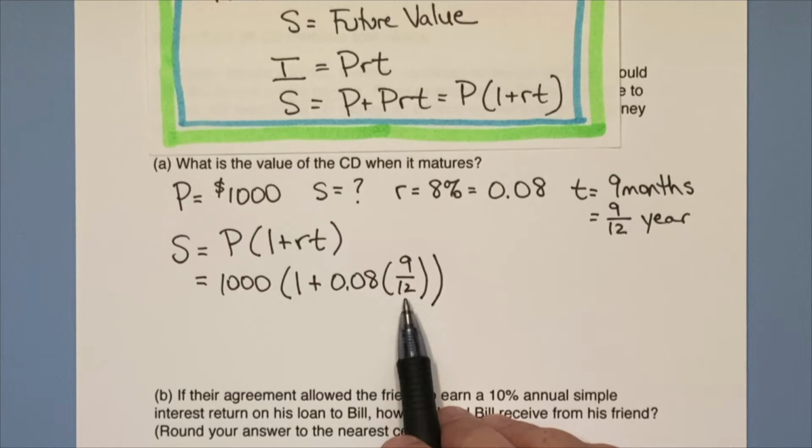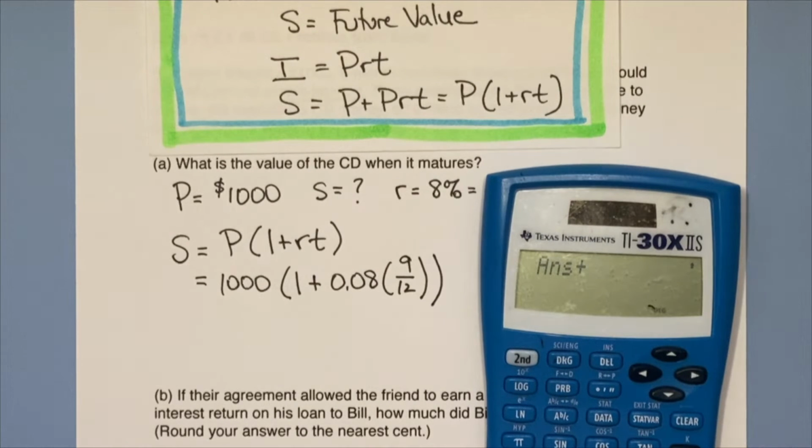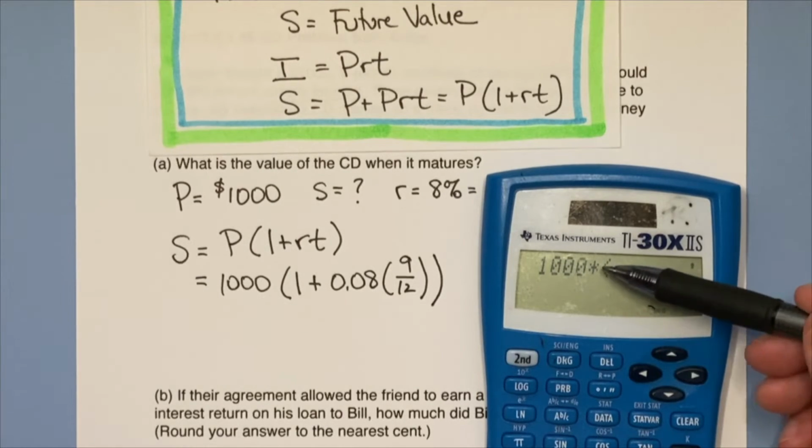So I'm going to go ahead and get out my handy dandy calculator. And here, let me make sure I clear it completely. I'm going to enter this exactly as it's written. So 1,000 times the quantity. Now, some calculators do not require multiplication.